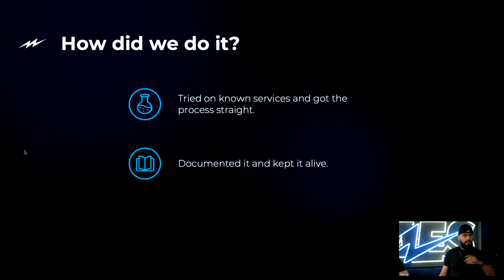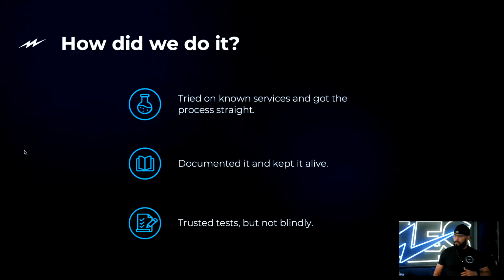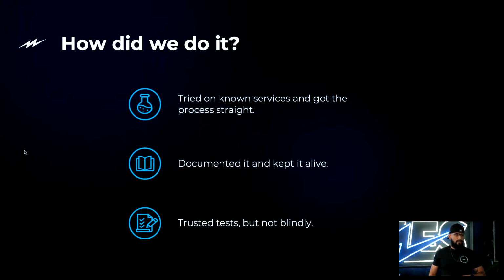We created a Confluence page, and we started putting everything that we found on the path there, so we could avoid both fixing the same issue. It was a way that we could communicate with each other and later show to the rest of the company. And we trusted the tests, but not blindly. For everything that we did, we checked our observability tools to see if they kept working as they should.